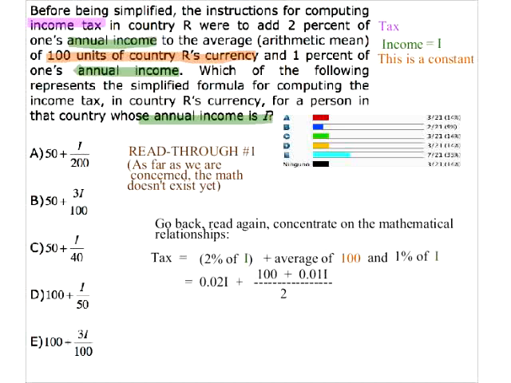And we have fractions, so we need to eventually convert to fractions, but let's simplify this first. 0.02I plus 100 over 2 is 50, plus 0.01 over 2 is 0.005I. And so that's 0.025I plus 50. And there's your formula. If you know that 0.025 is 1/40th, then you're done.